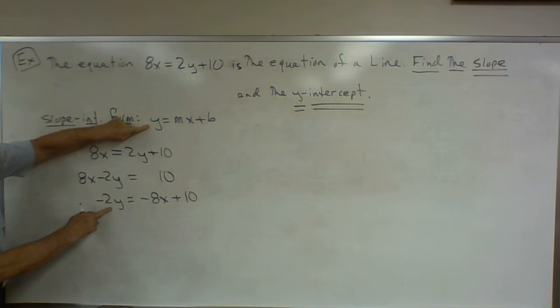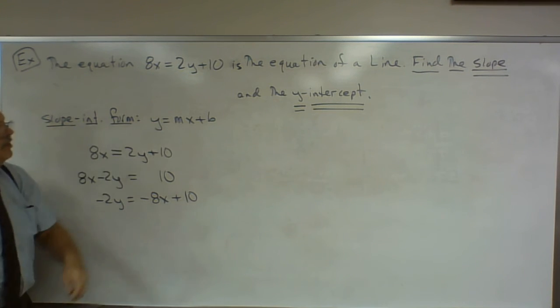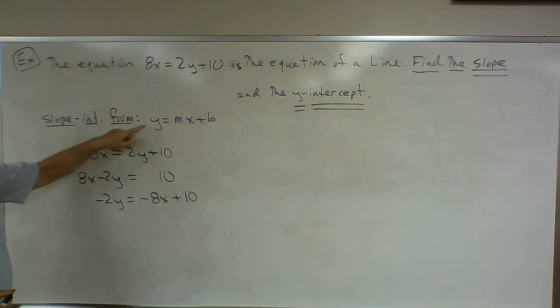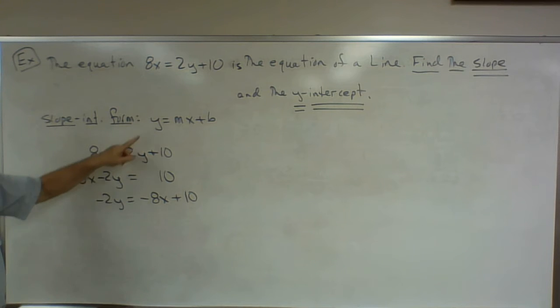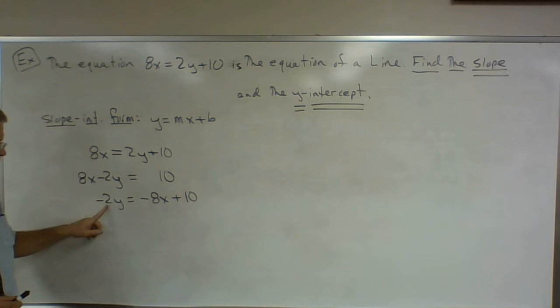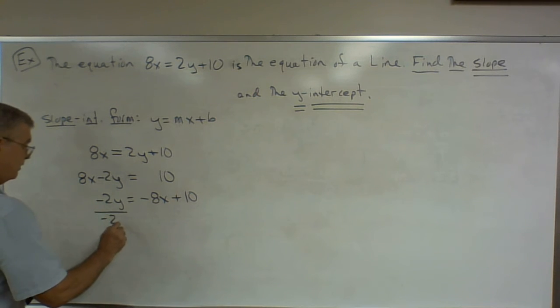We got y on the left, and we got x and the constant on the right. The last thing that I think we need to take care of is that to get it in this form, the coefficient of y has to be 1. We don't want some number times y, we just want y. So to get rid of this -2, we're going to divide both sides by -2.